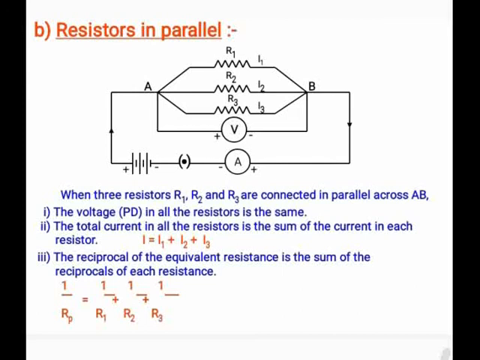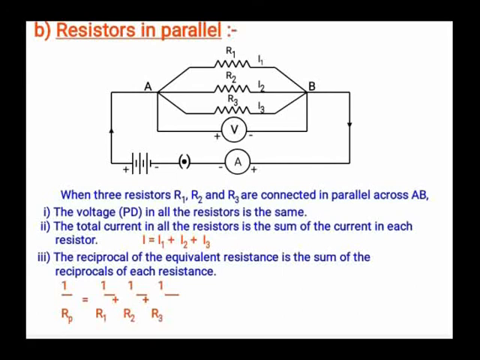The reciprocal of the equivalent resistance is the sum of the reciprocals of each resistance. So 1/Rp = 1/R1 + 1/R2 + 1/R3.